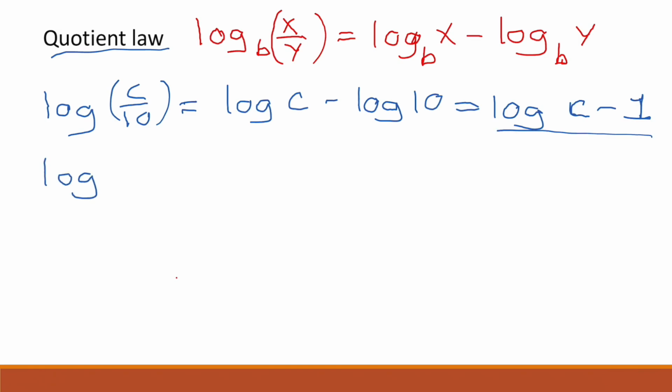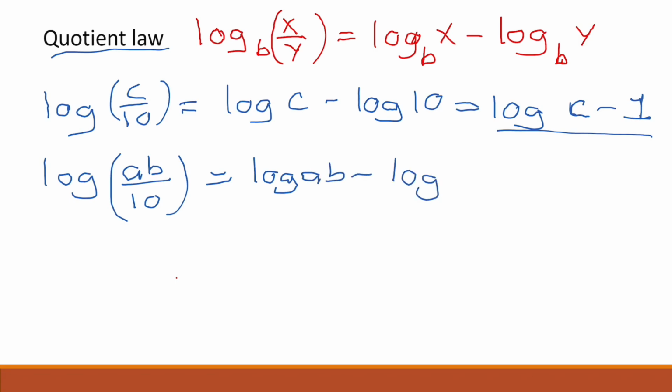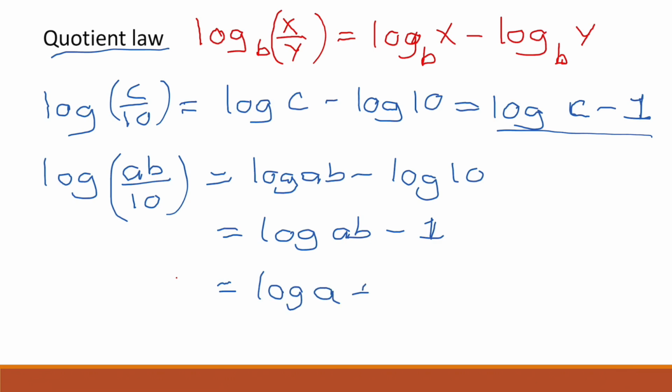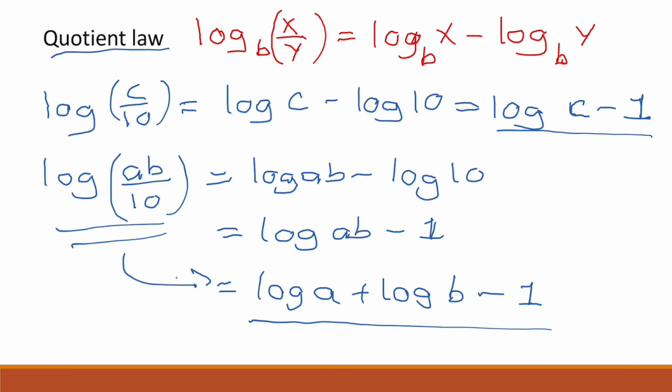If we have log ab upon 10, I can first write this as log ab minus log 10, but log 10 is 1, so I have log ab minus 1. But again, if you keep in mind the product law, you have log a plus log b minus 1. This is how you can simplify log ab by 10.